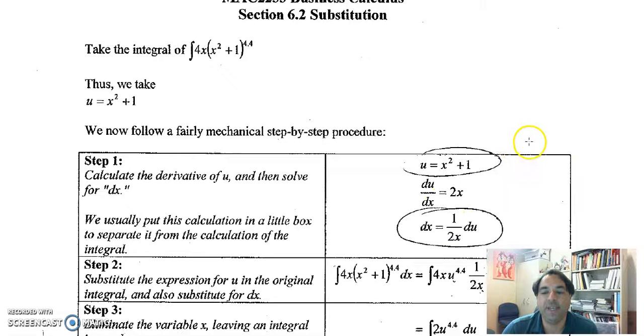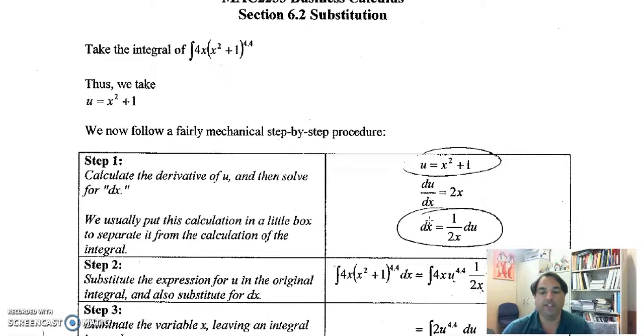Then if we want dx by itself, to get rid of times 2x, we divide both sides by 2x. That leaves us with dx equals du over 2x, or dx equals 1 over 2x times du. So we decide what our u is, we take the derivative of u with respect to x, then we solve for dx.